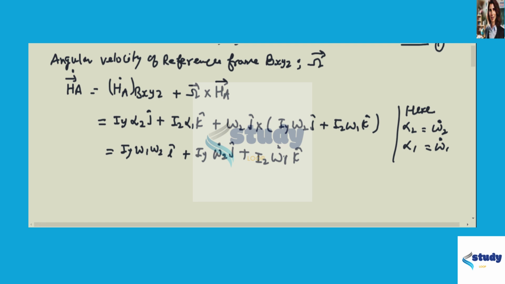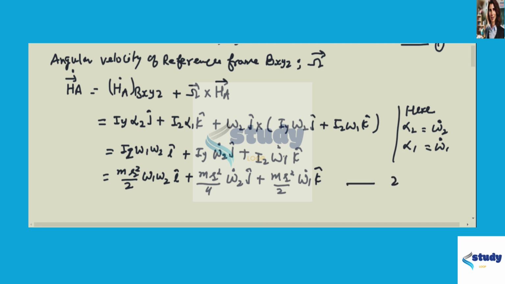Now substitute the value of moment of inertia. I z is m r square by 2 and I y is m r square by 4. So we get m r square by 2 omega 1 omega 2 i cap, m r square by 4 along y-axis, omega dot 2 j cap, along z-axis m r square by 2 omega dot 1 k cap.